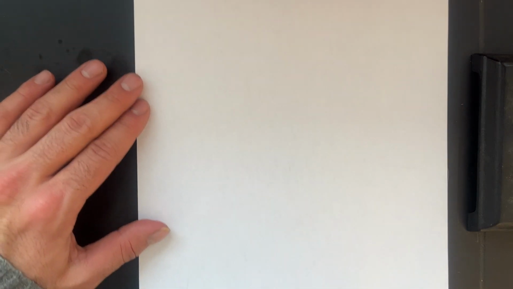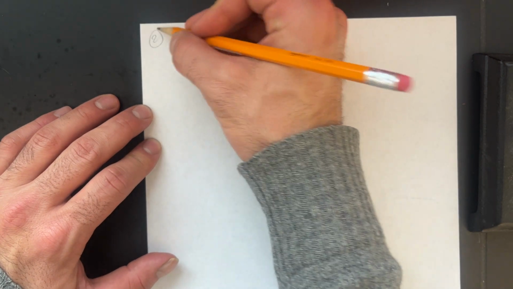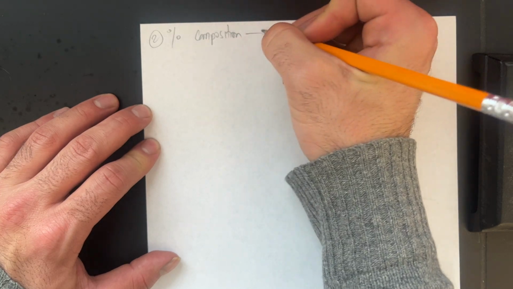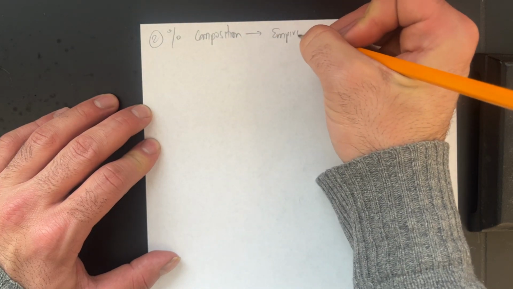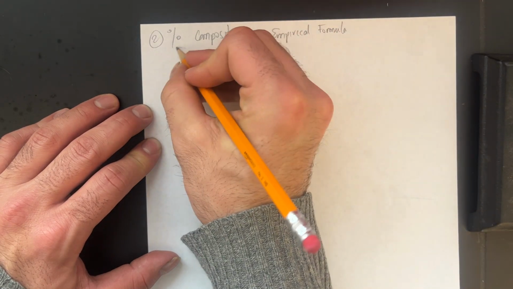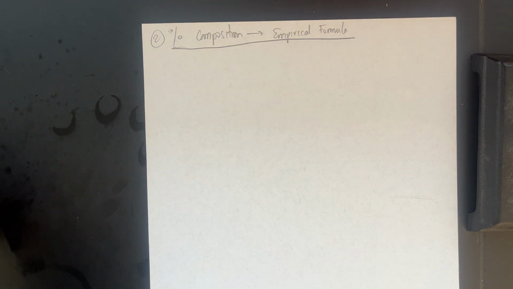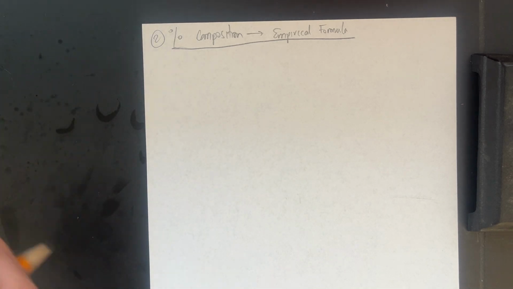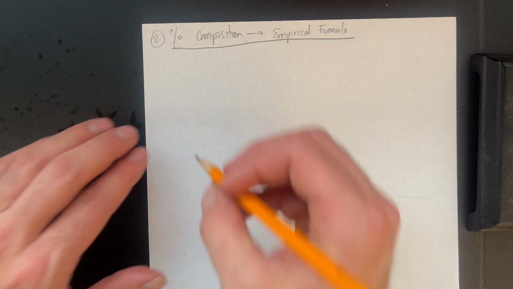However, the second one is a little bit harder. How do you determine an empirical formula from a percent composition? So that's the second part, percent composition to empirical formula. Let me pull up my little example.